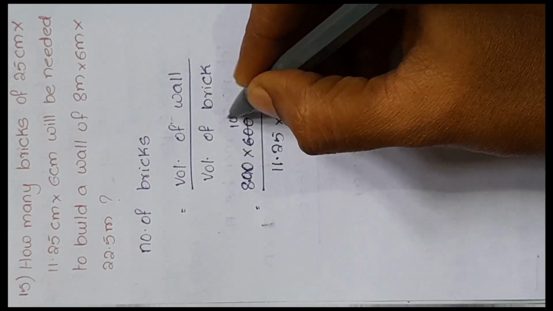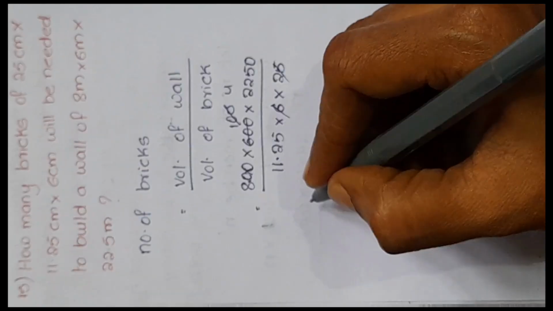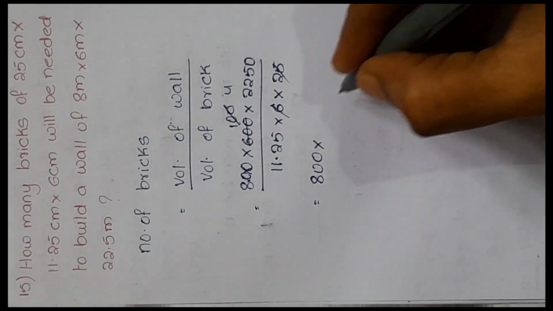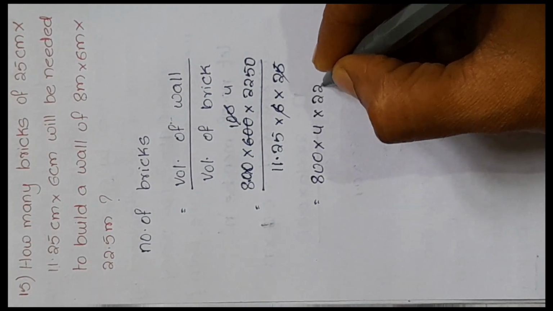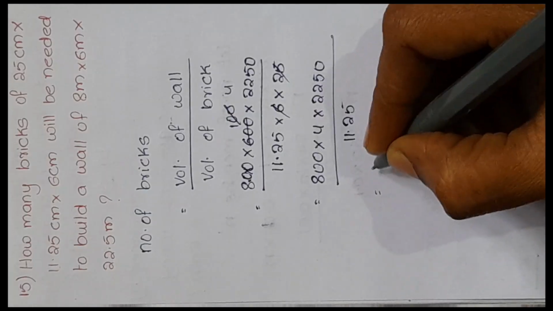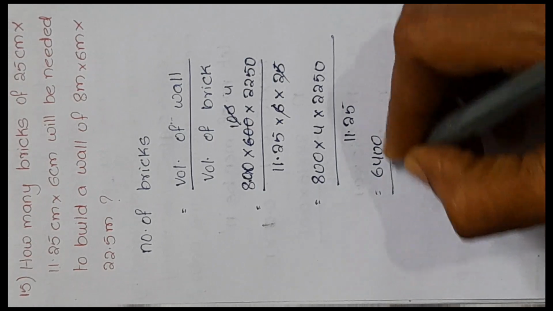Here 6 and 6 get cancelled once and 4 times. We get this as 800 into 4 into 2250 by 11.25. On cancellation we get 6400 bricks are required.